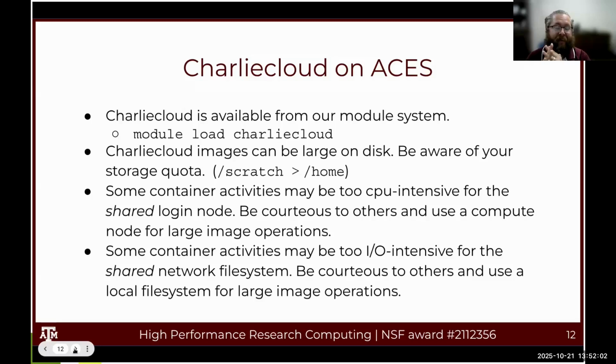On ACES, we have a Lustre file system, and Lustre does not do well when you have to do many thousands of small file operations. And so when that will be relevant, we will target a local file system to that compute node rather than the shared network file system, and I will teach you how to do that when it becomes relevant.